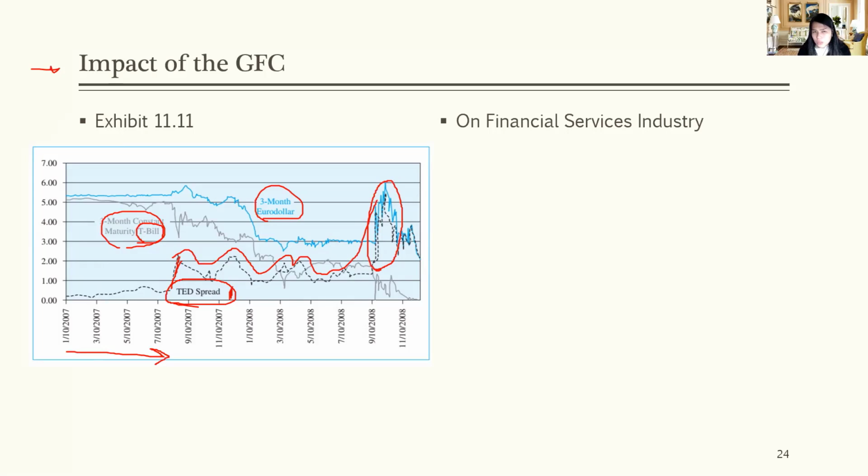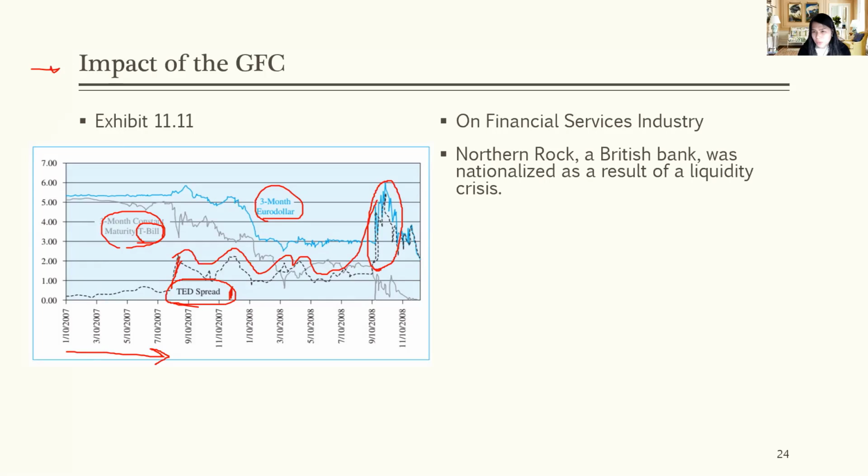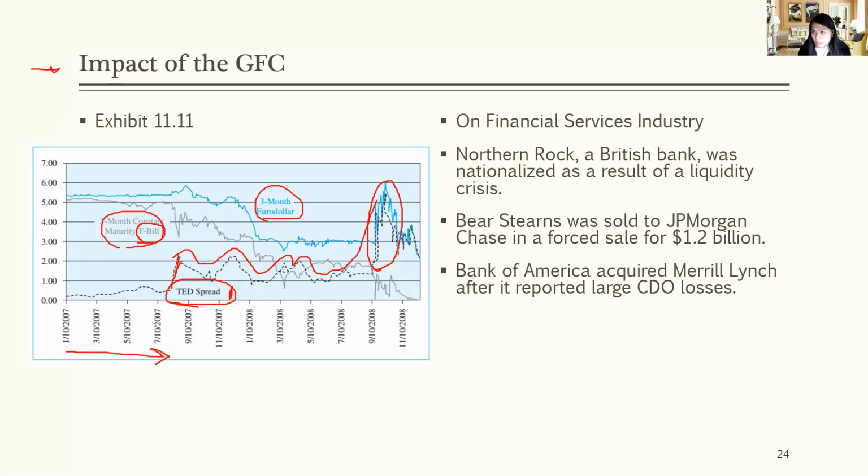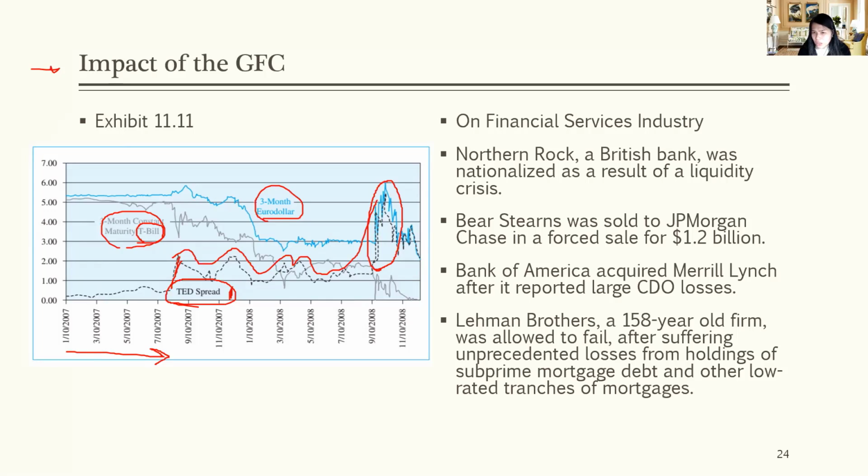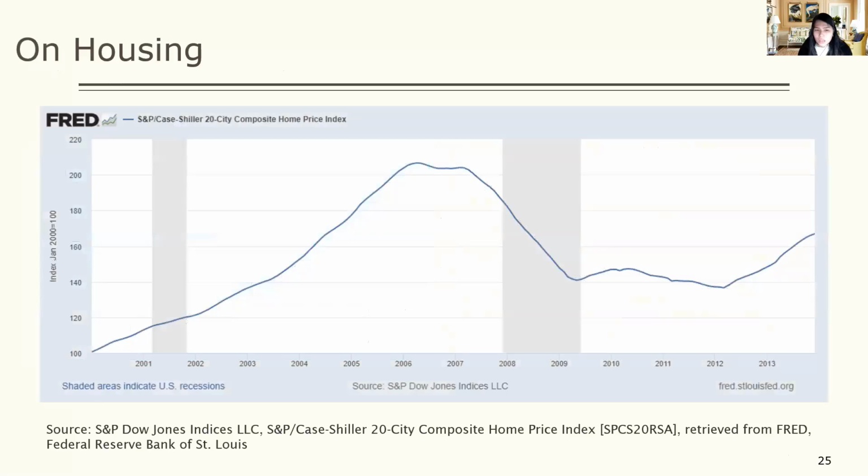The consequence for the financial industry was that a lot of the banks started to default. Northern Rock, Bear Stearns, Bank of America, Merrill Lynch, and so on and so forth. They were all getting into trouble, and some of them even defaulted. The impact of the crisis on housing could also be seen on this graph.